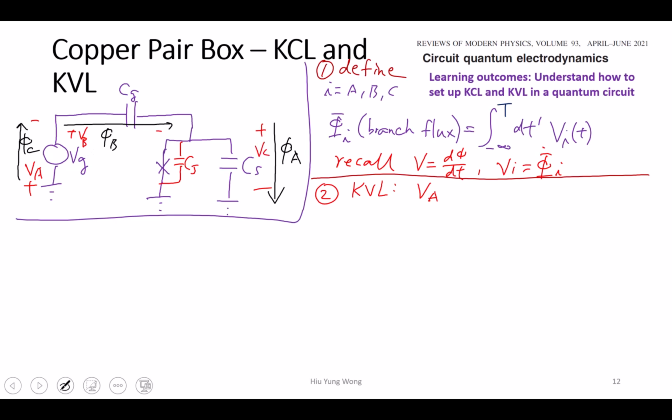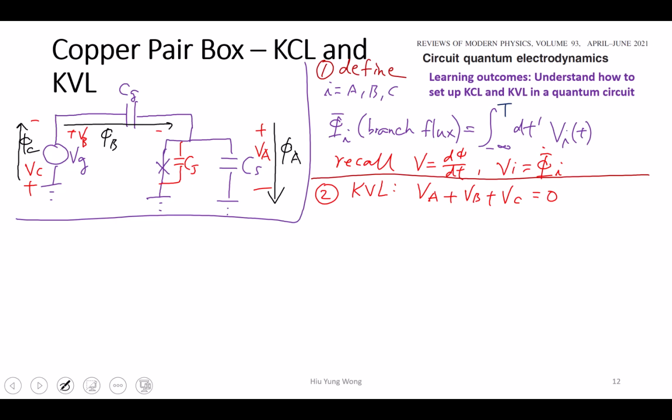Then of course VA plus VB plus VC must be equal to 0, because you go plus minus, plus minus, plus minus, go around the loop is 0. Oh, sorry, I just have a typo. The left is actually C. Thank you. The right is A. So VA plus VB plus VC equal to 0, right?